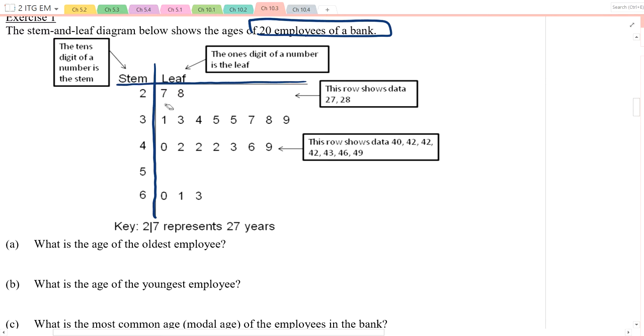Can you tell me whether there is an employee whose age is 28 years old? Yes, there is. This guy is 28 years old. So from the same stem of 2, there is a leaf 7 to give us 27. From the same stem of 2, there is another leaf that says 8. So we've got 28.